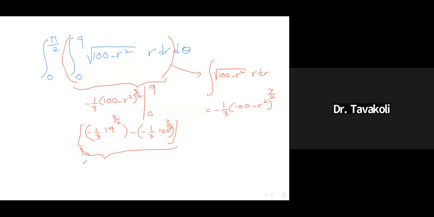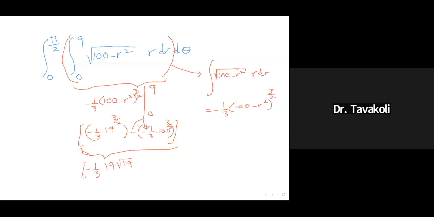So the first number is minus 1/3 times 19 to the power of 3/2. As you know, using basic algebra, it is 19 times radical 19. A number to the power of 3 halves means the number times the radical itself.